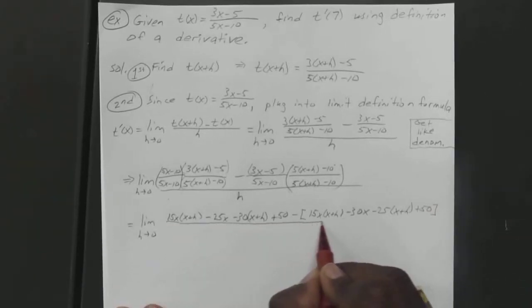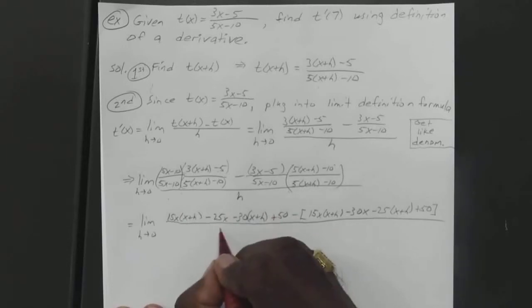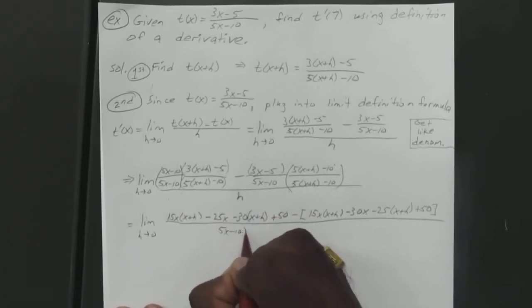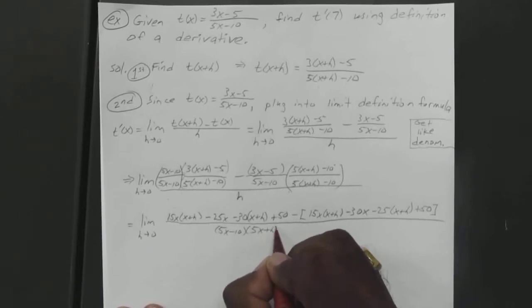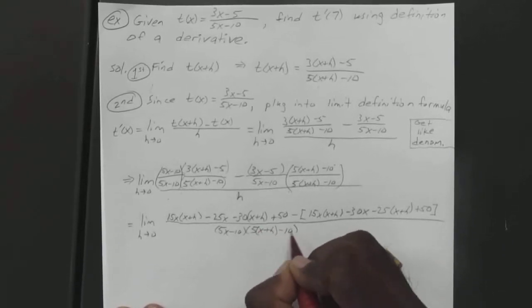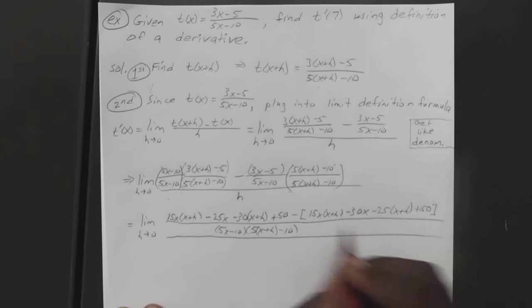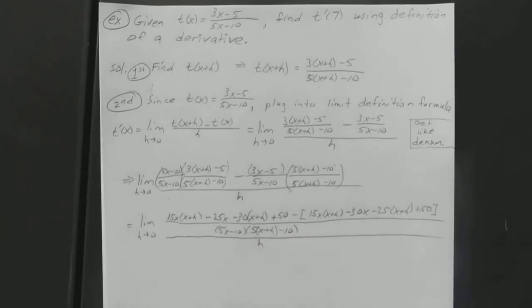All over your common denominator of 5x minus 10 times 5 times x plus h minus 10, and all of that is over h.